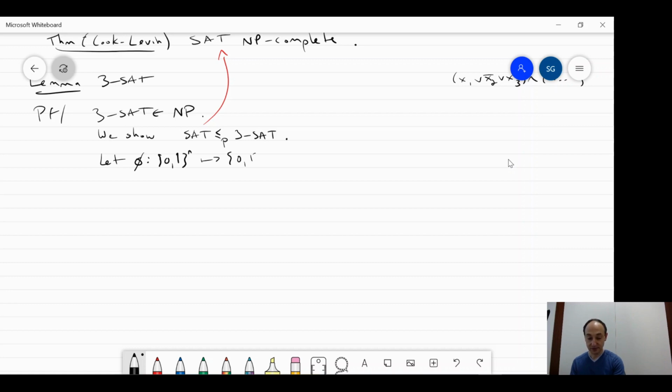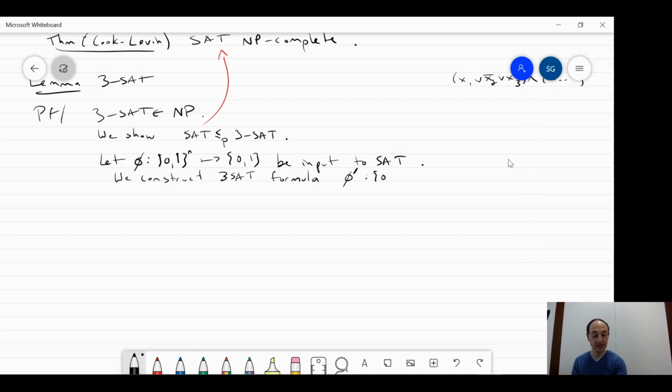This is an input, an n-bit input to SAT, right? And what do we do? We construct now a 3-SAT formula, and it's actually going to act on the exact same number of bits. I'll call it phi prime.